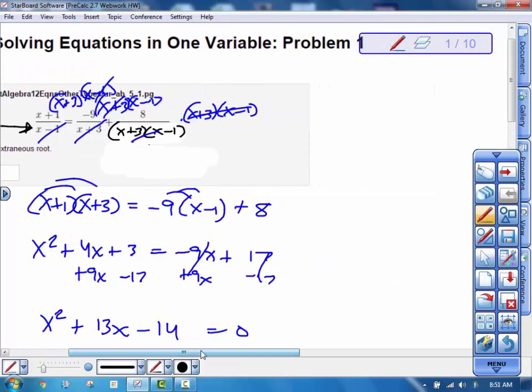I know it's a lot of work to plug in negative 14 to check that it actually works, but unfortunately you're going to have to do it. Gives you negative 13 over negative 15 should equal negative 9 over negative 11 plus 8 over negative 14 plus 3, which is negative 11 times negative 15.